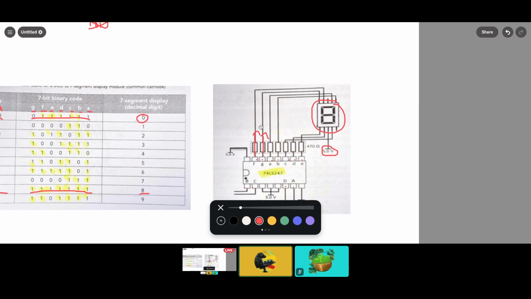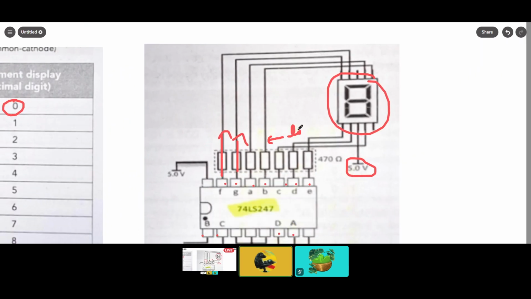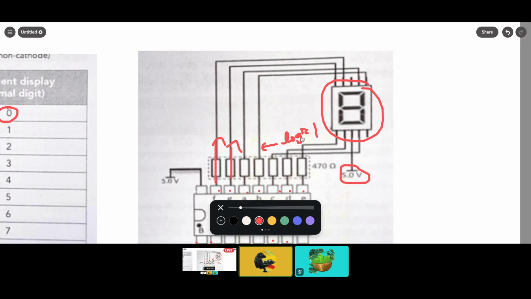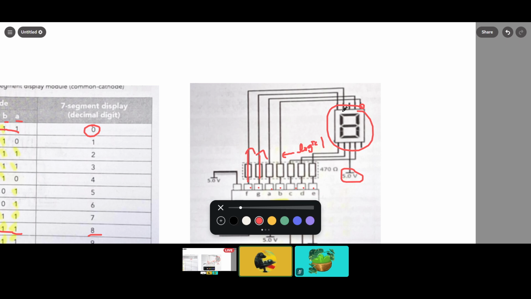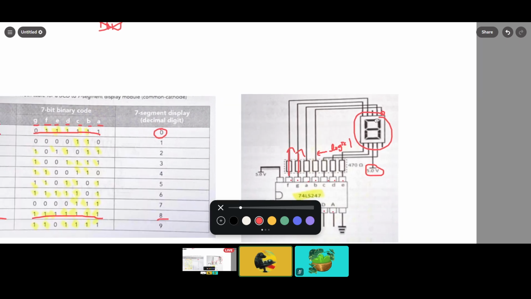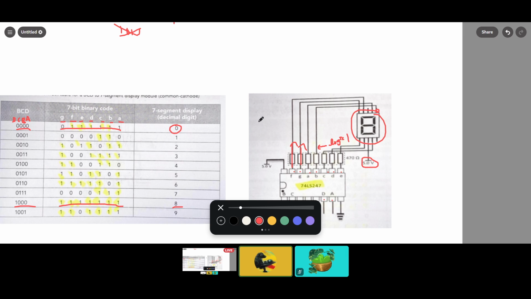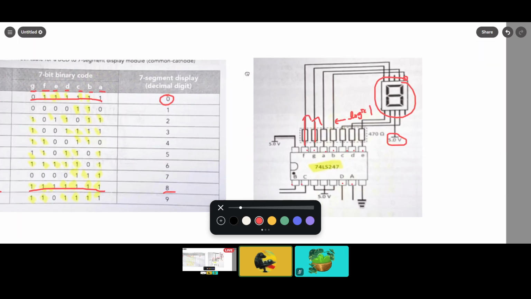What it does is, if this is logic 1, it will actually ground this pin. If you watch my 7-segment display video, you would understand what's going on. And then it will ground that LED, letting it power up. So that's one thing to note as well.